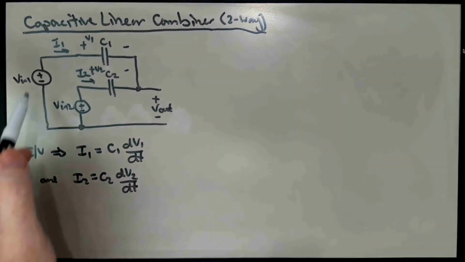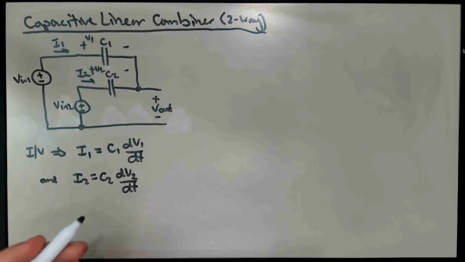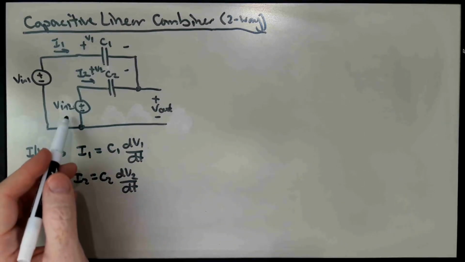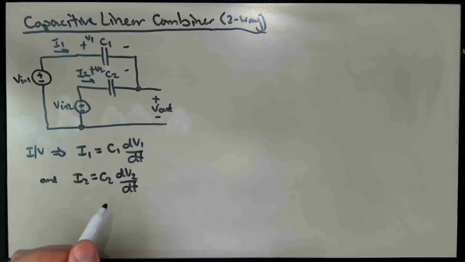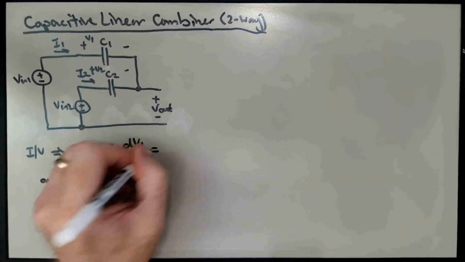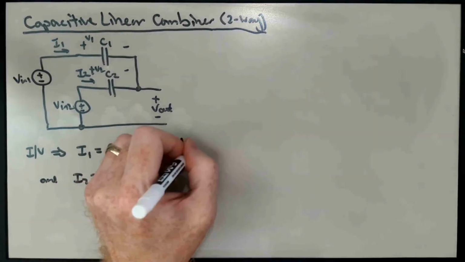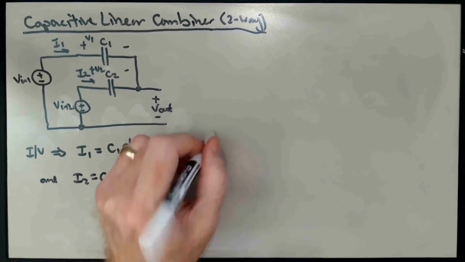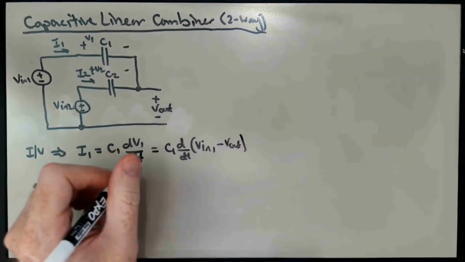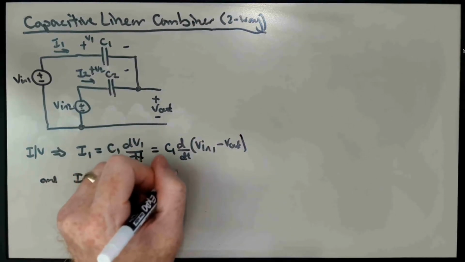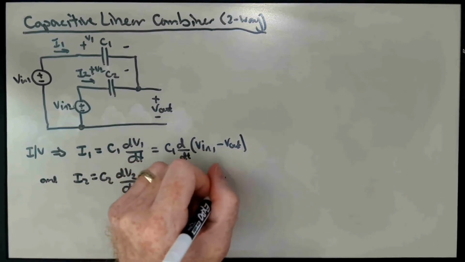But V1 is really Vin1 minus Vout by Kirchhoff's voltage law, and V2 is Vin2 minus Vout. And so this is equal to C1 times d/dt of Vin1 minus Vout, and this is C2 times d/dt of Vin2 minus Vout.